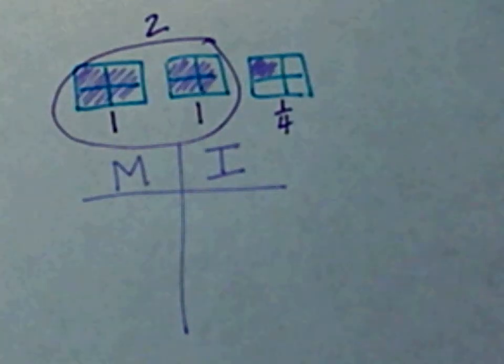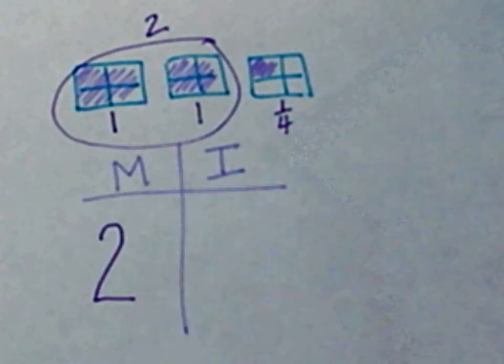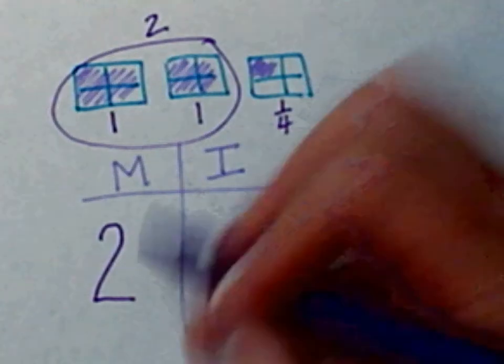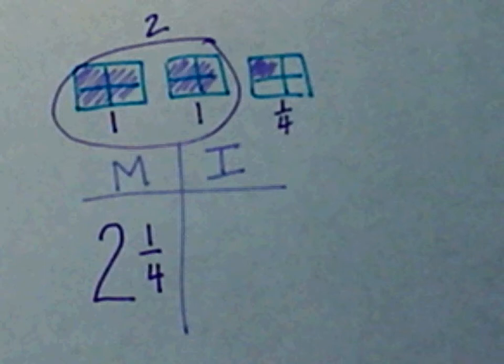So our mixed, meaning you have a whole number mixed with a fraction, would be the whole number, the ones that are all shaded in, and we add the fraction.